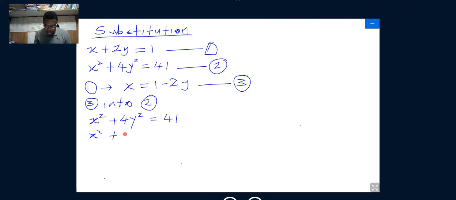Oh, I must substitute the value of x. We must substitute here. x is equal to 1 subtract 2y, all squared, plus 4y squared equals 41.